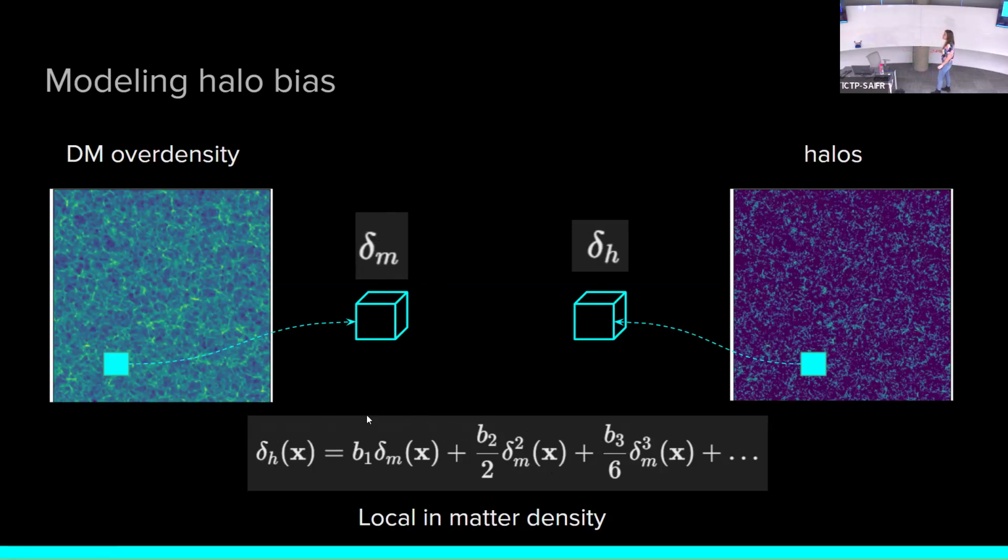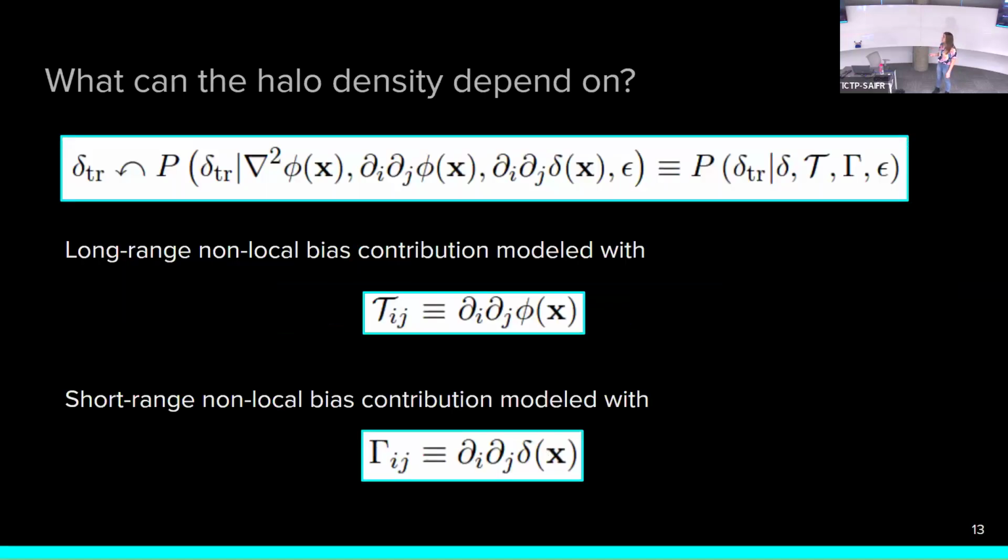But this does not tell the whole story, because this distribution doesn't depend only on the local density. You have to account for larger-scale contributions of the environment, and that you can model using, for example, the tidal field tensor, which is the Hessian of the gravitational potential.